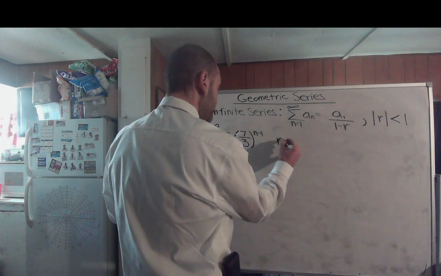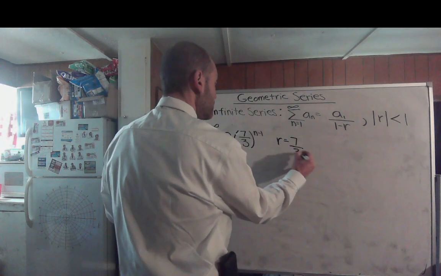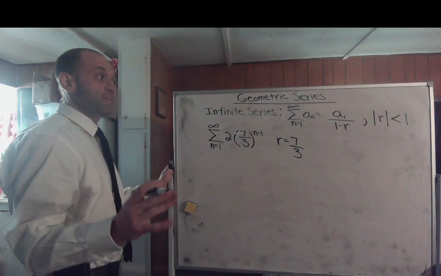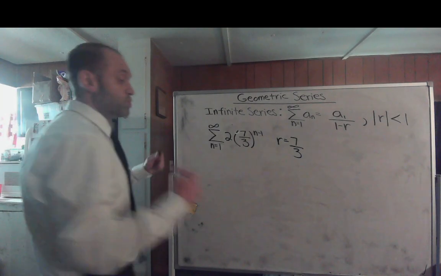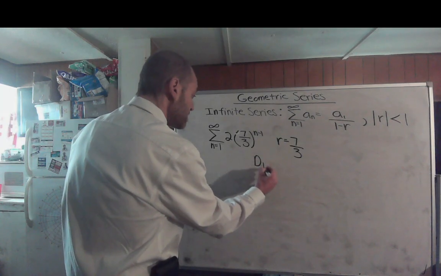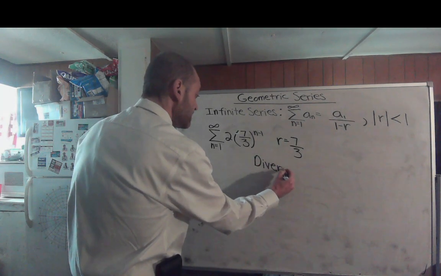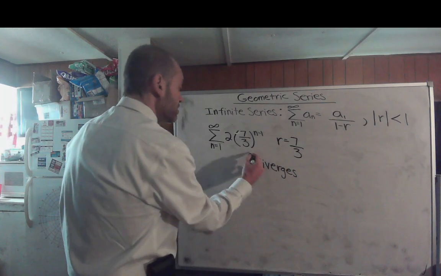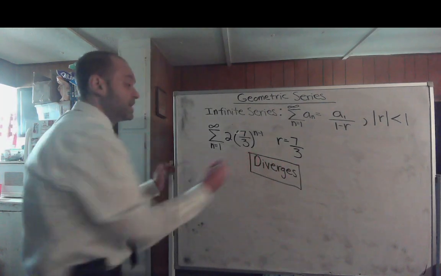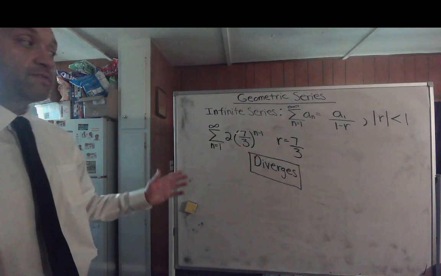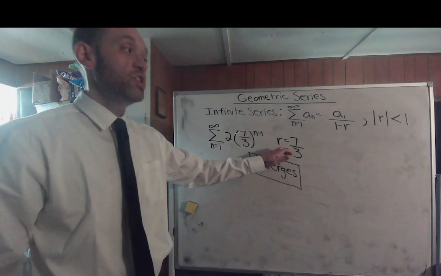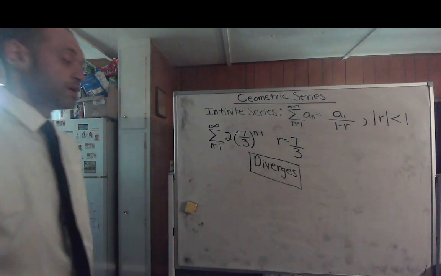Your common ratio is 7/3. Well, here's the problem. 7/3 is greater than 1, right? That means this is going to diverge. This will just keep going to infinity. So we actually have no finite answer to this. This will just keep going up infinitely since our common ratio is greater than 1.